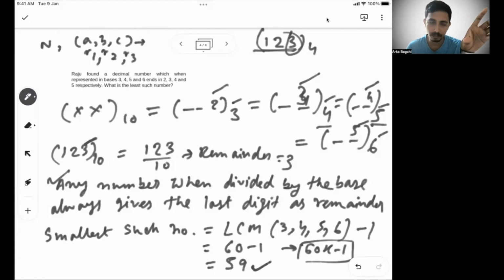So here the gap is 1 and the divisors are 3, 4, 5, 6. So we did LCM of 3, 4, 5, 6 minus 1.